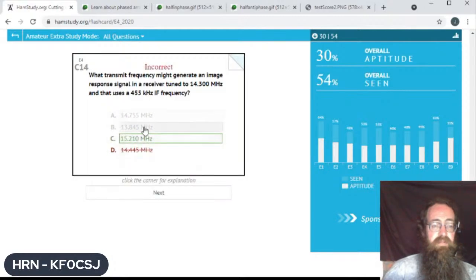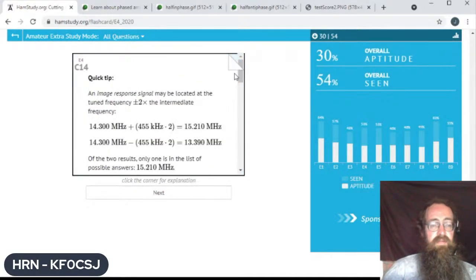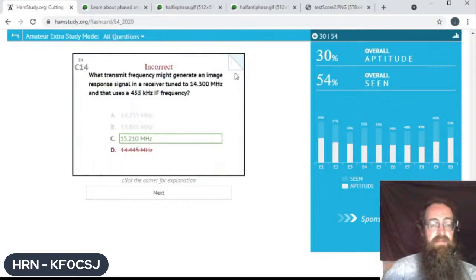Nope. Image signal response is located at the tuned frequency plus 2 times the intermediate frequency. Okay.